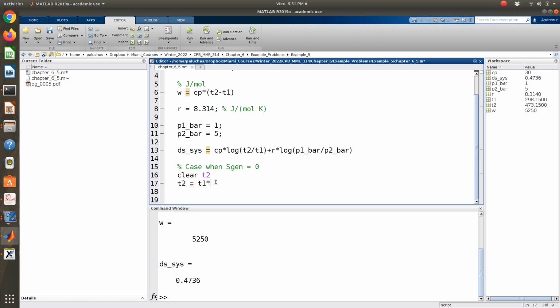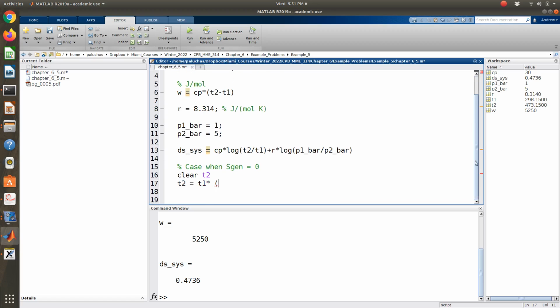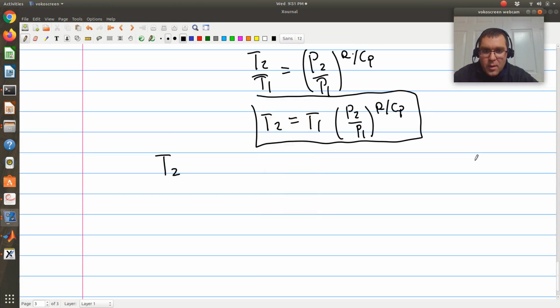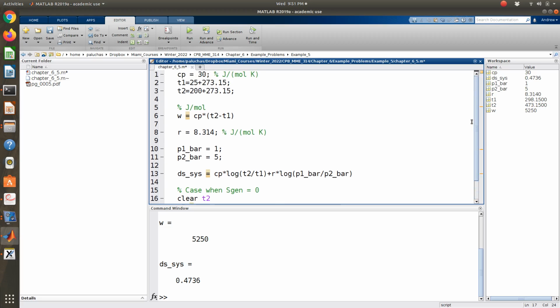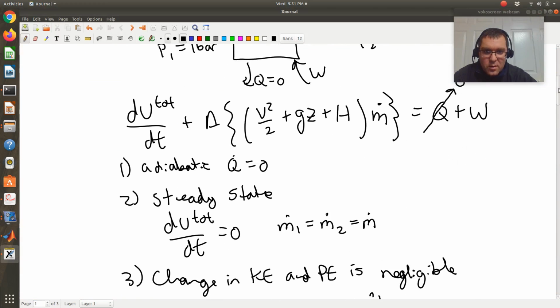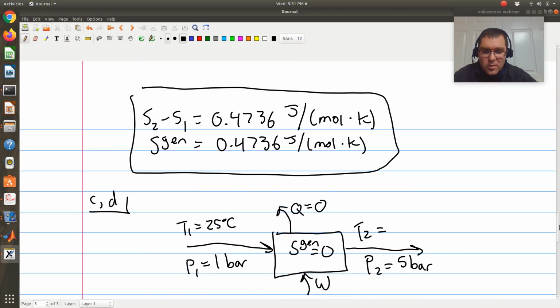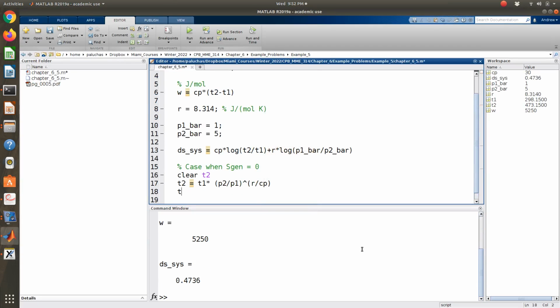Now T1, we've converted already to Kelvin, so we're using absolute units. So then we have P2 divided by P1 raised to the R divided by Cp. Let me just make sure Cp is 30. All right, Cp is 30. That'll give me my temperature in Kelvin.